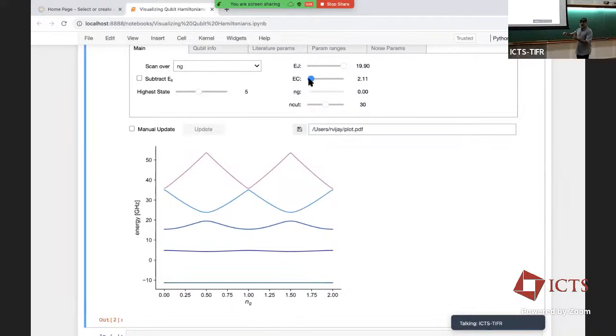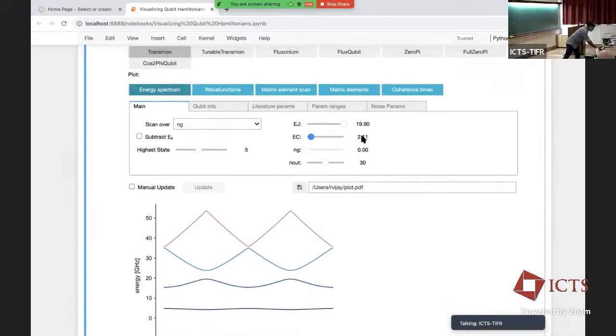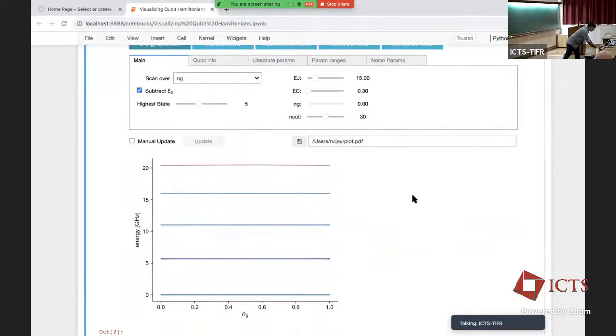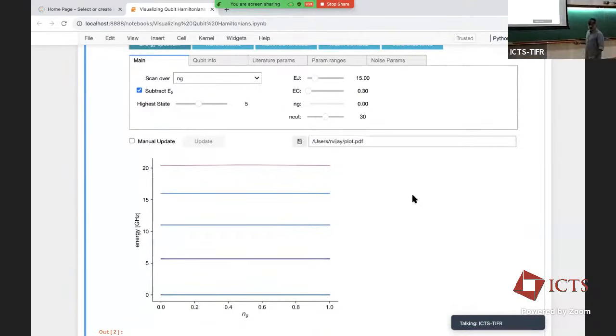So this is actually the evolution from the Cooper pair box, which was a charge qubit sensitive to charge noise, to the transmon qubit, which is insensitive to charge noise. Okay. So the transmon qubit is actually here. That's a typical transmon. It's flat as a function of gate charge.